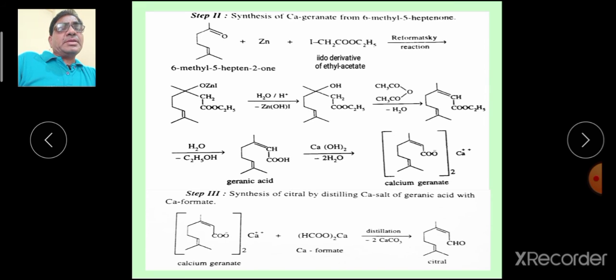This ester on hydrolysis gives the acid, and the reaction of this geranic acid with calcium hydroxide gives the calcium salt of geranic acid, that is calcium geranate. Now in the third step, this calcium geranate is treated with calcium formate. The distillation produces citral. Thus the structure of citral is confirmed by its synthesis.